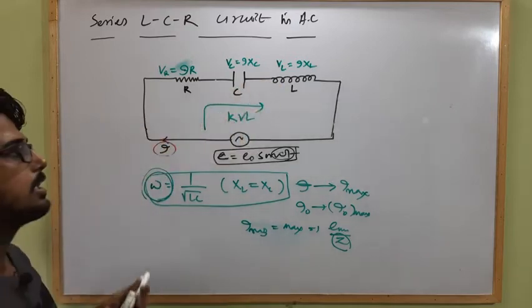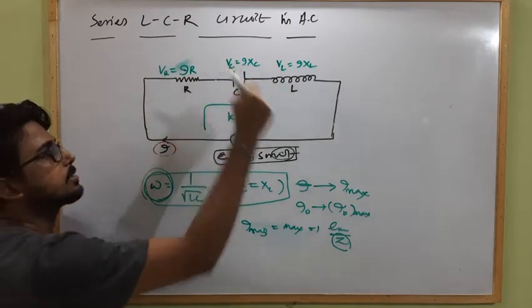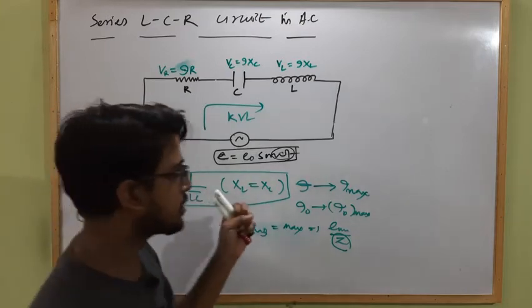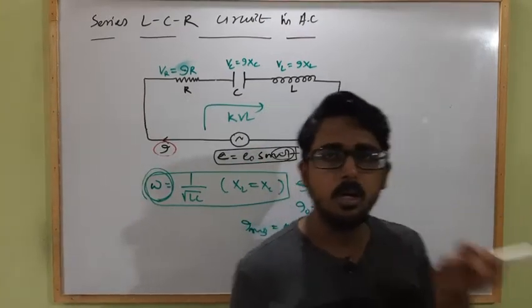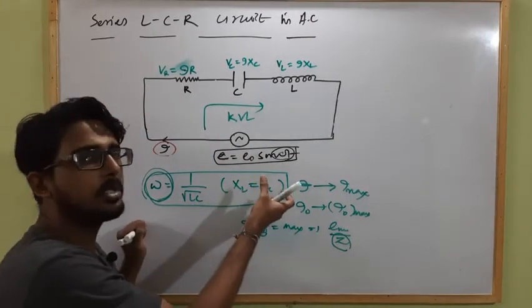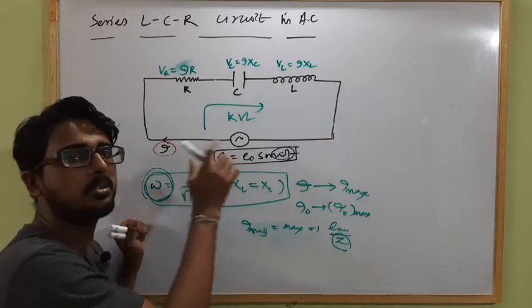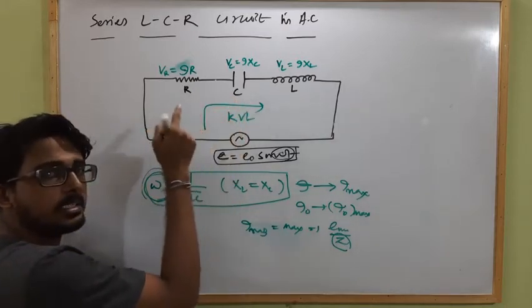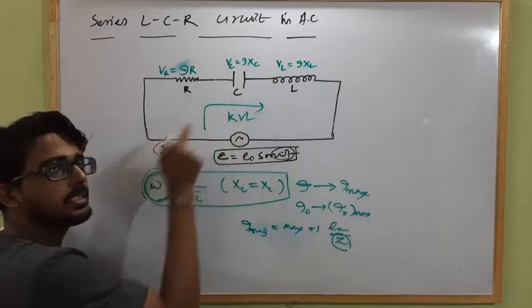At that instant, electrical resonance takes place in the LCR circuit, because we know what resonance is. Resonance we already studied in waves or SHM, that when the natural frequency is matched with some given frequency, at that instant the resonance takes place. So here the resonance takes place for the electrical purpose, that means this is known as electrical resonance.